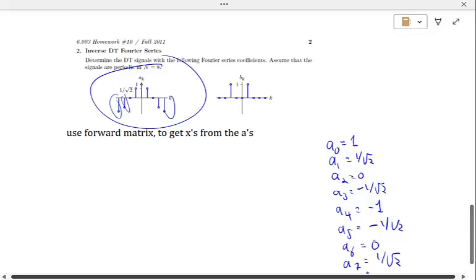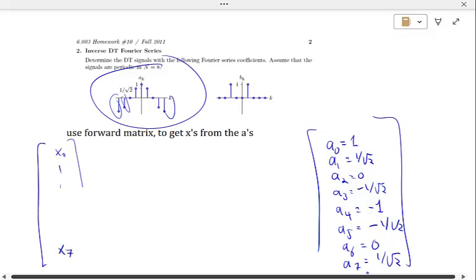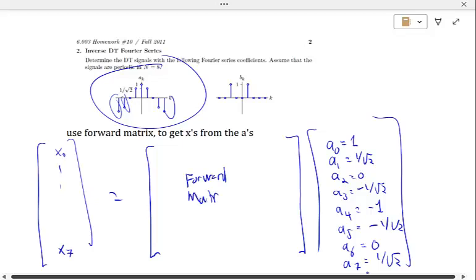Okay? So then I want to get the x's from x0 up to x7. It's going to be equal to the matrix, which is the forward matrix. That was the original matrix that I wrote down here.